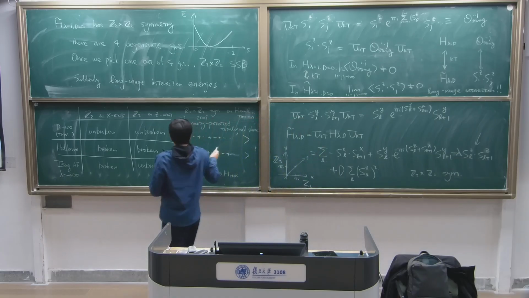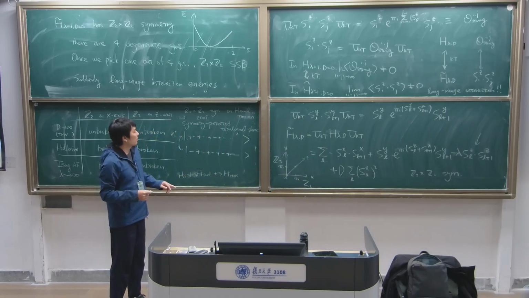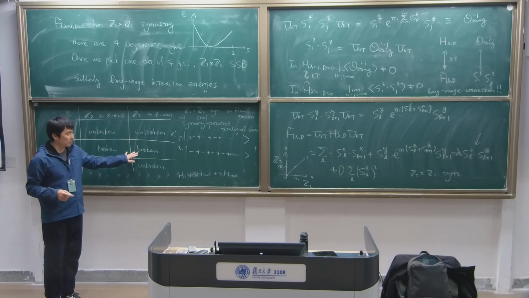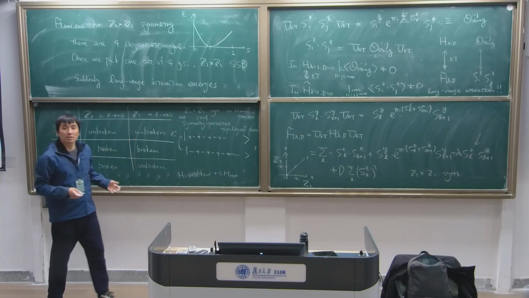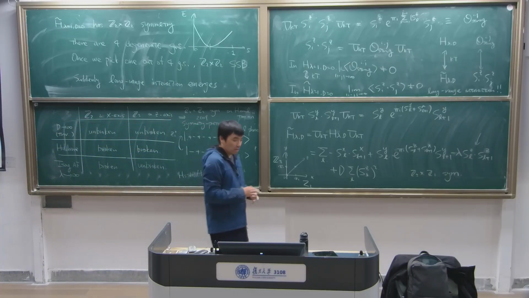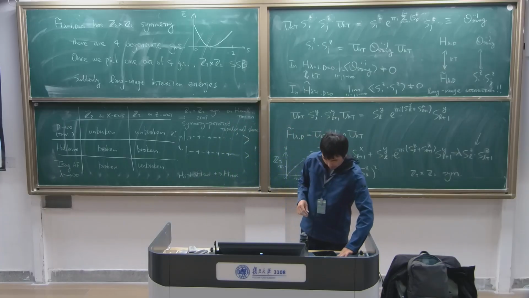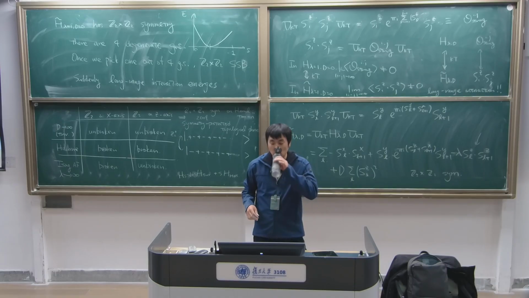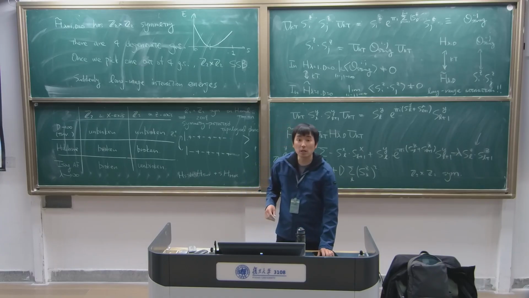And then one phase is, once you pick a vacuum, the D2 plus D2 is broken, but the other is not broken. That's what people in 2009 found.